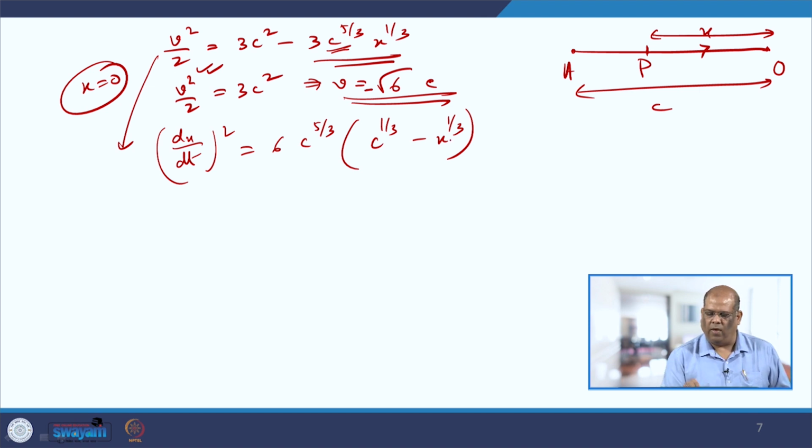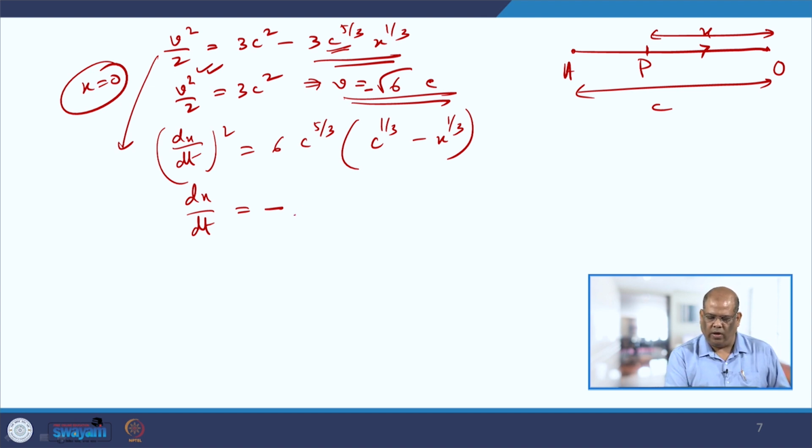So, c to the power 1/3 times x to the power 1/3, and if I multiply this here I can see that this becomes c square and this becomes c to the power 5 by 3 into x to the power 1/3. So, your dx dt is negative because your distance decreases with time.